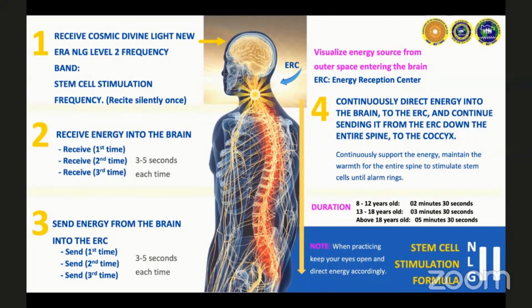Step 4, continuously direct energy into the brain to the ERC and continue sending it from the ERC down the entire spine to the coccyx. Continuously support the energy, maintain the warmth for the entire spine to stimulate stem cells until alarm rings.